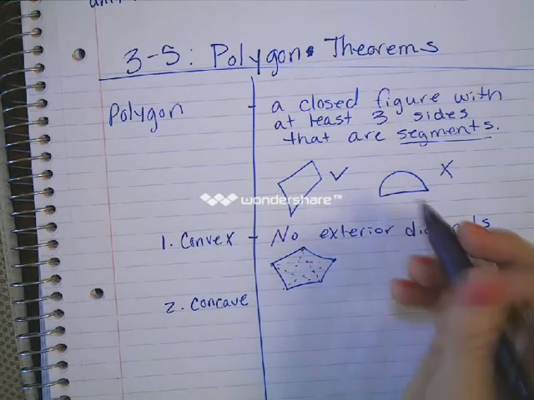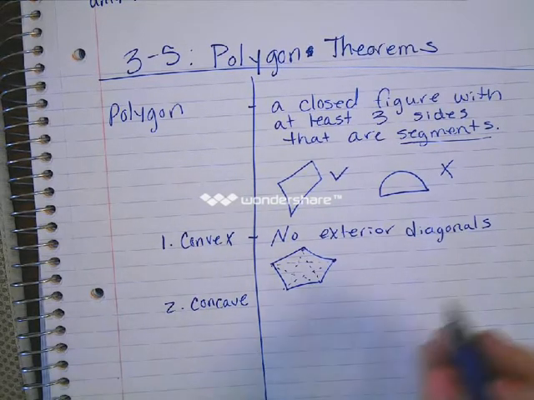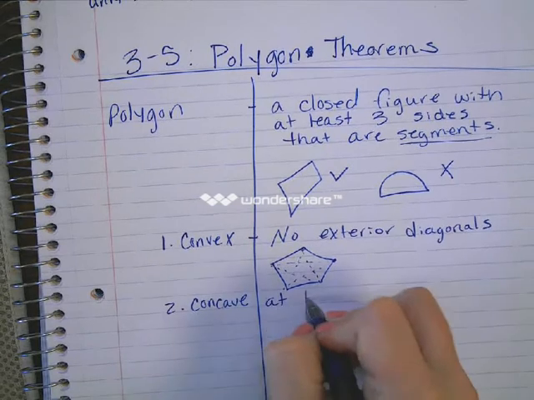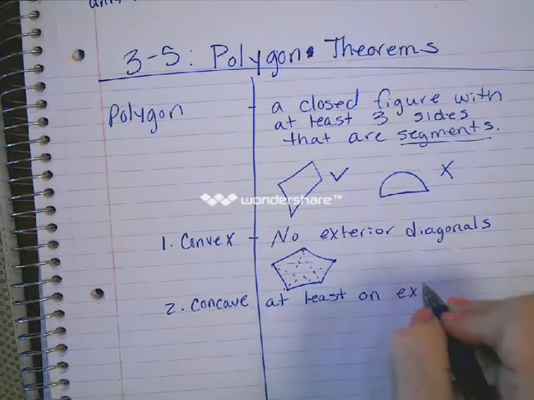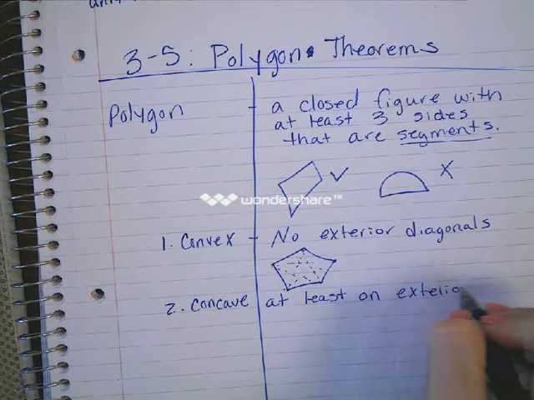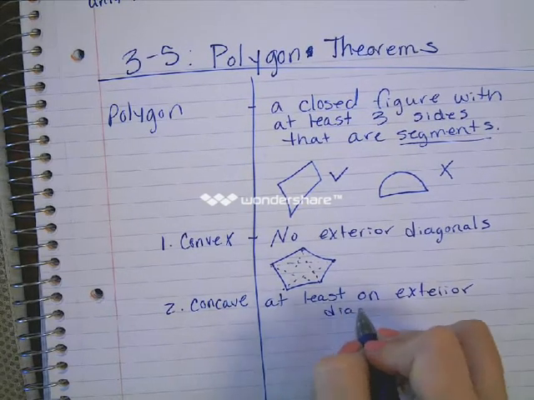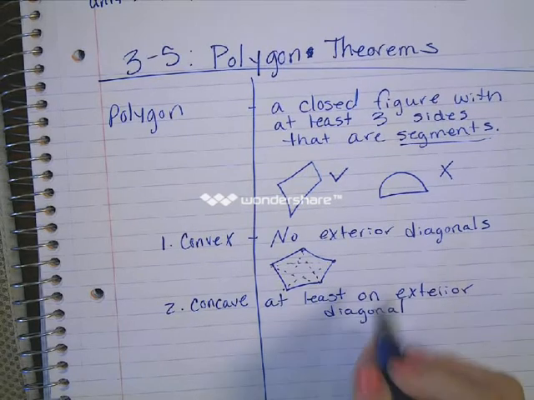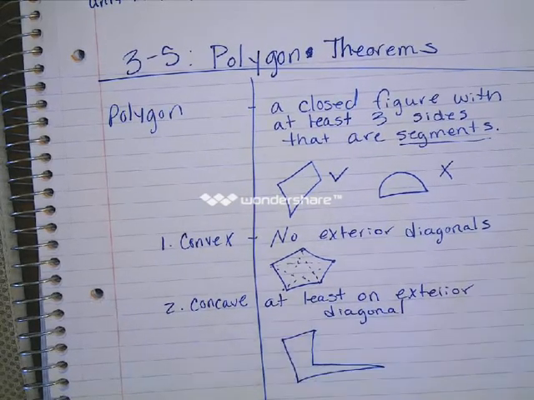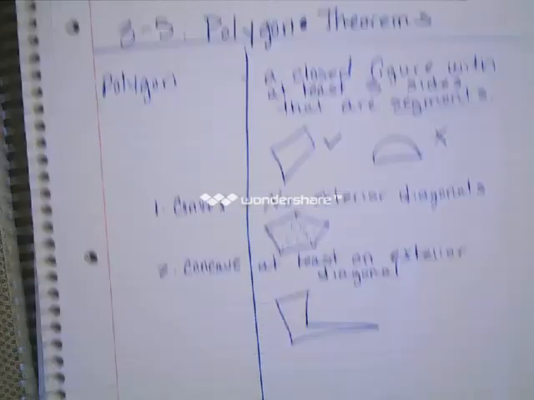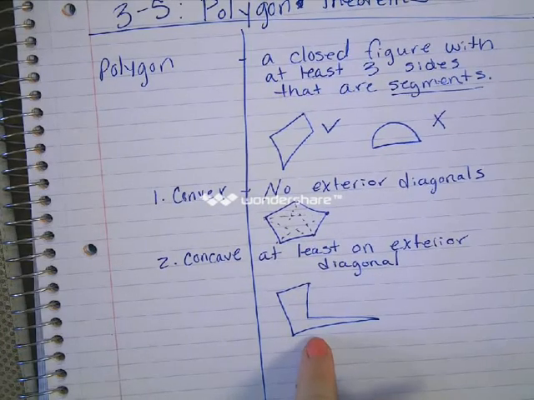Concave. If I have that shape right there, that is technically a polygon. It has straight edges, it's a closed figure, and it has at least 3 sides.